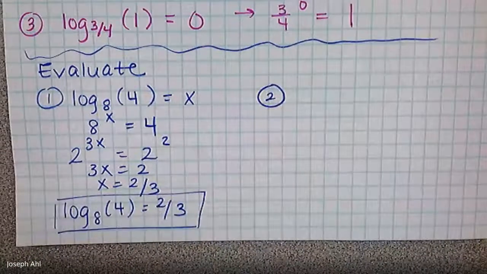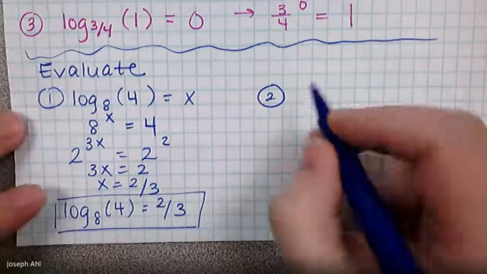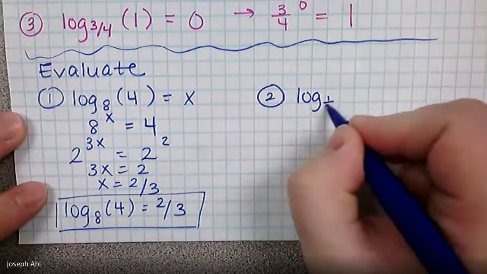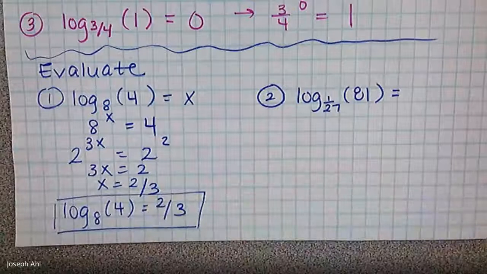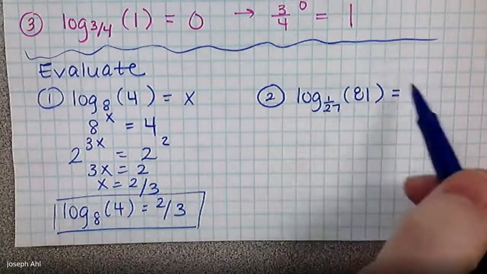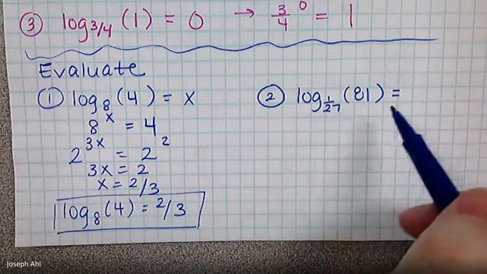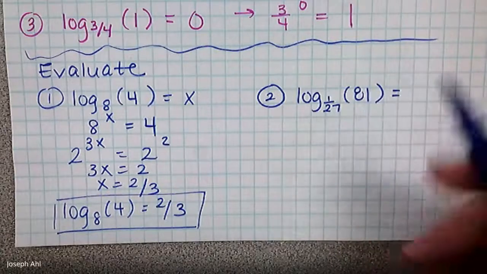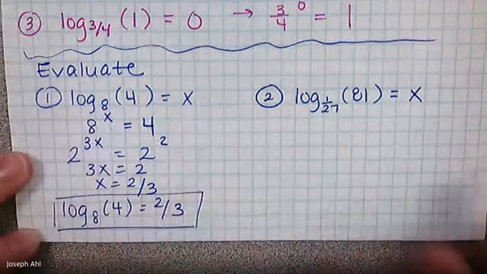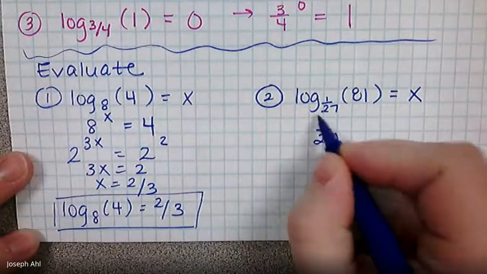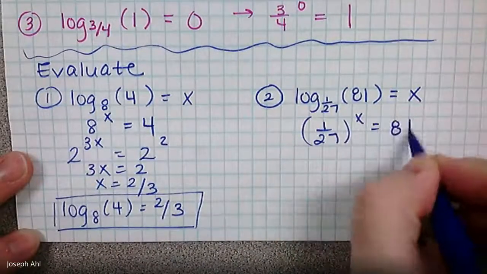So if I gave you something like log base 1/27 of 81. If we're not sure what number this is, such that when I raise 1/27 to that power it equals 81, let's set this up similar to the first one, where we convert to exponential form. 1/27 to the x equals 81.